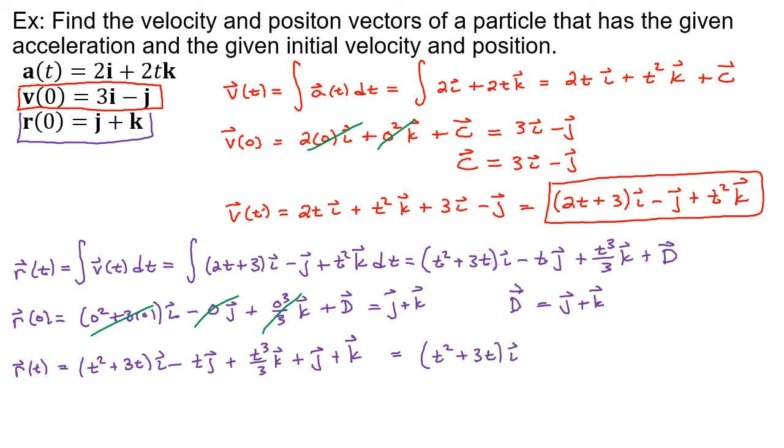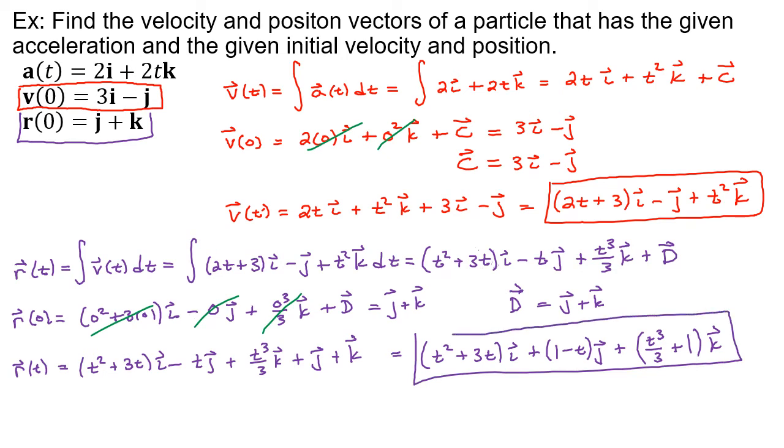The j has a minus t and a plus 1, so I could either do it as factoring the negative out or leaving the negative in. It doesn't really matter. I'm going to make it as a 1 minus t on the j, and then put a positive out in front. And then I'll have a t cubed over 3 plus 1 on the k. This would be my position vector for the particle.